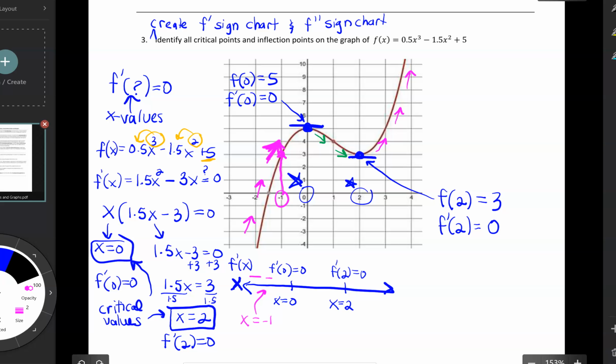So that would be a positive output. So any x value that I pick to the left of 0 would create a positive output in the derivative function. And again, you'd be plugging that into the derivative function. I would put -1 into the derivative and I'd get a positive number out.